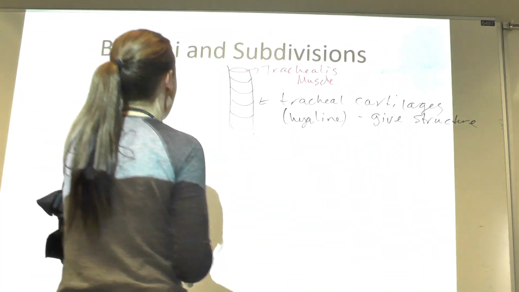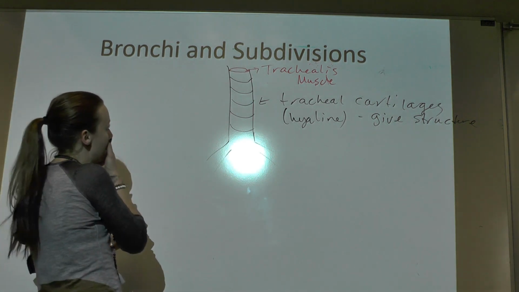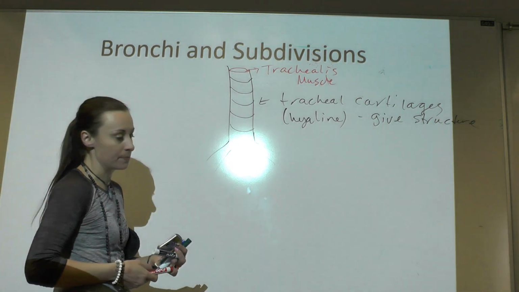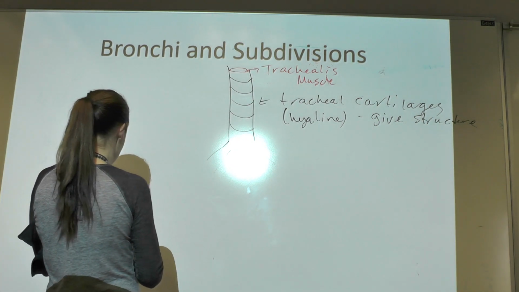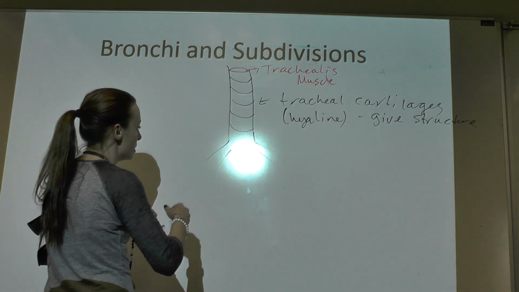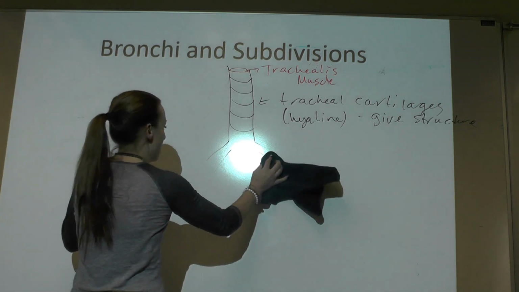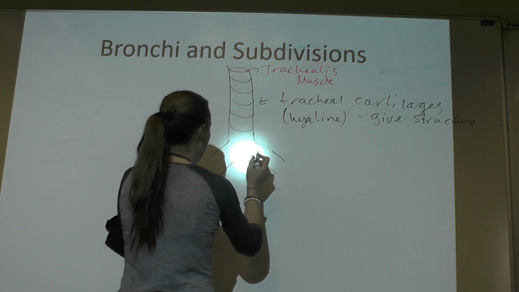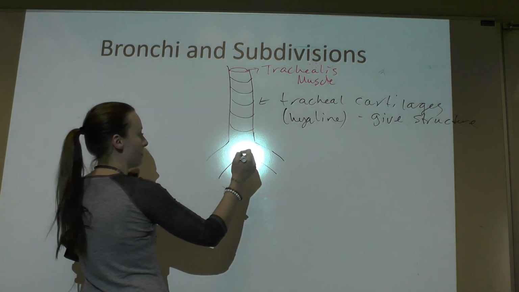Okay, so from the trachea, we move into our bronchial tree. So what is this all about? From our trachea, we're going to branch first into what are called our main bronchi.